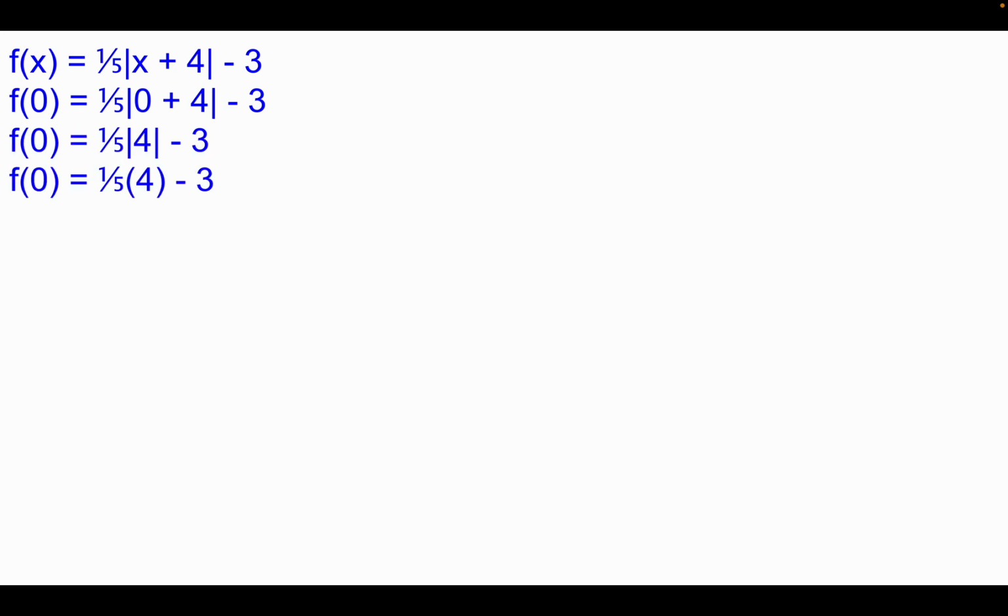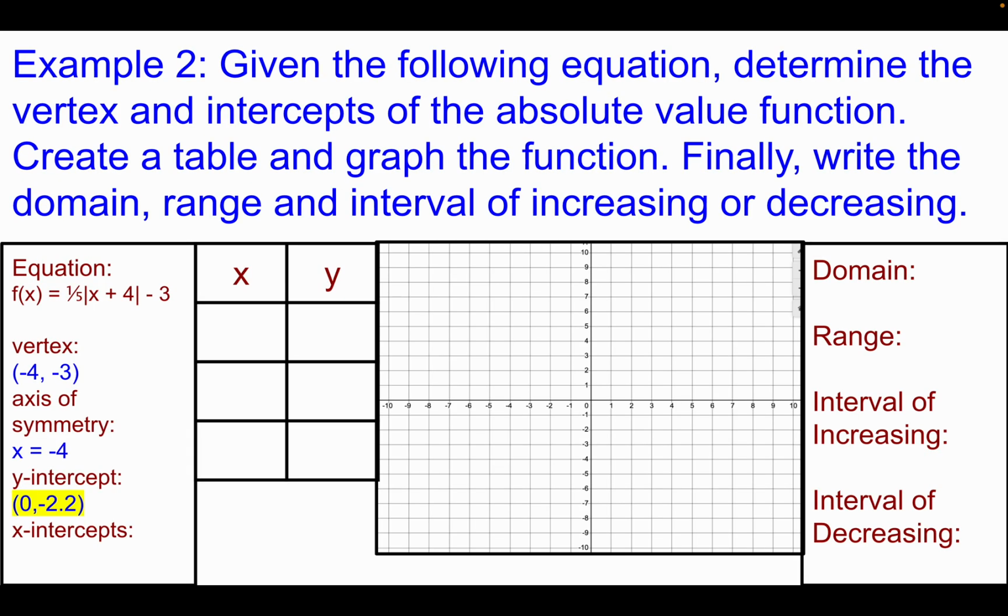The absolute value of 4 is 4. 4 times 1/5 is 4/5, or 0.8. And then if you use your calculator, 0.8 minus 3 is negative 2.2. And so we end up with the point 0, negative 2.2 for our y-intercept.